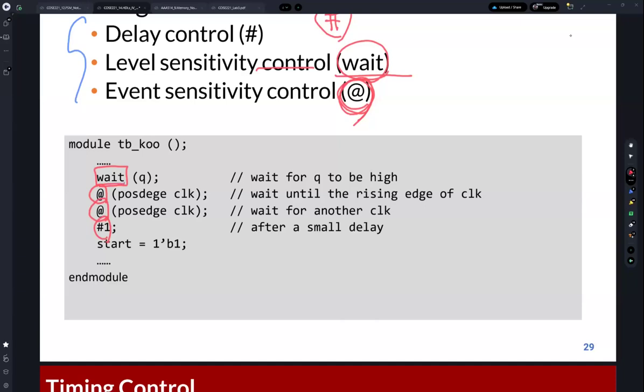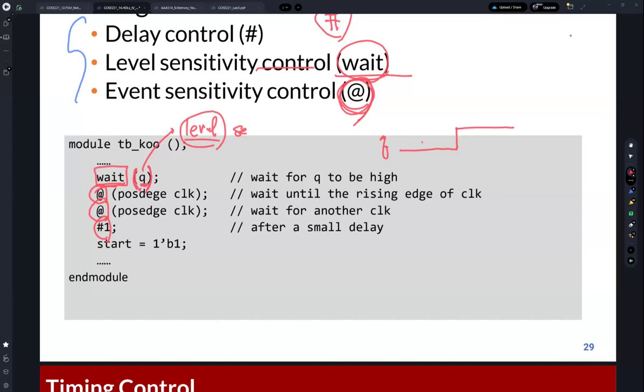Wait and Q. I mentioned that this is the level sensitivity. It means the SystemVerilog flow will wait until the condition of this wait statement is met. So what does that mean? SystemVerilog monitors the value of Q, right?